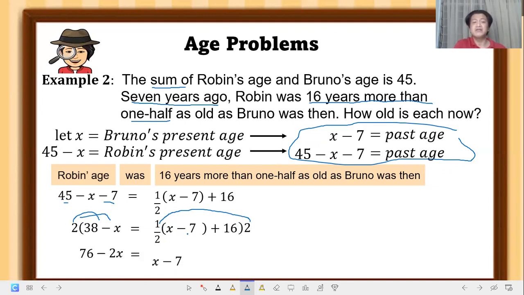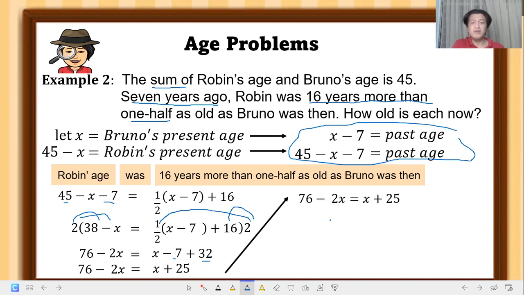That is x minus 7. And 2 times 16, that is 32. Okay, since nagawa natin tanggalin yung denominator, we can now combine like terms. Okay, what is negative 7 tsaka 32 pag inad natin? That is 25. Okay, so copy natin yung nasa left side, 76 minus 2x. Then you are going to combine like terms again.